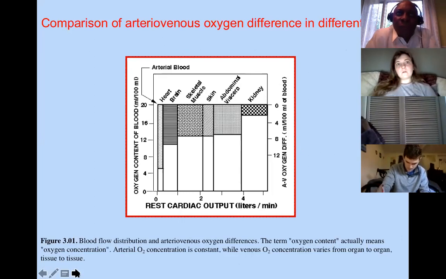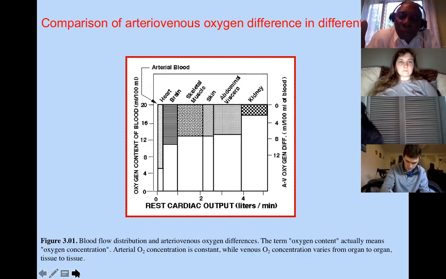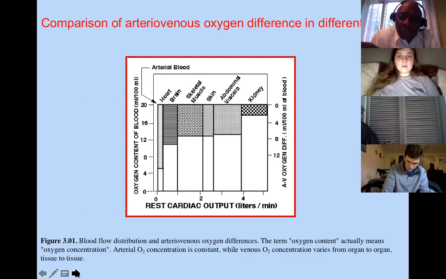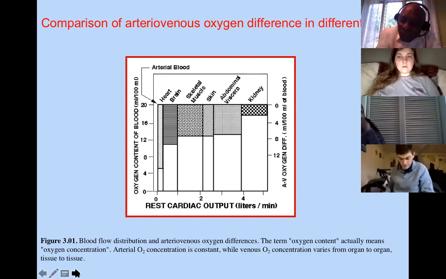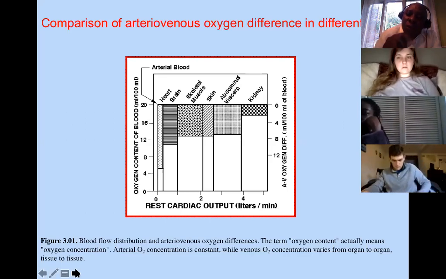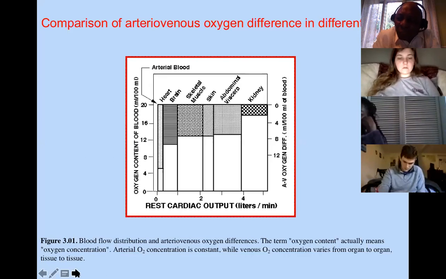In other words, to restate, if you have 100 molecules of oxygen coming to the coronary artery at rest, the cardiac muscles will extract 70 molecules of oxygen so that you have 30 molecules remaining that then proceed in the vein at rest.